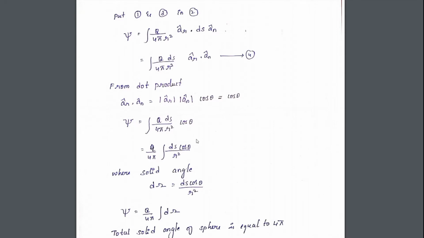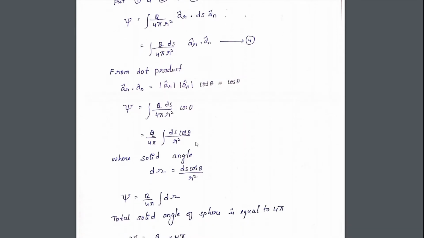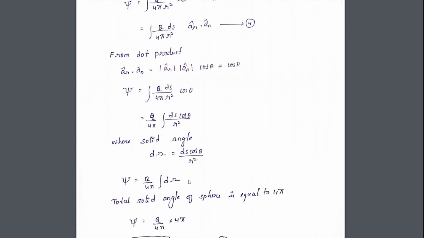You'll get the equation below for psi. In this, you can remove Q by 4 pi outside and keep the remaining terms inside the integral. What are those? dS cos theta by r square is kept inside the integral. And here this dS is a differential area and it subtends an angle d omega at the point O at a distance r. So dS cos theta by r square is nothing but the differential solid angle d omega.